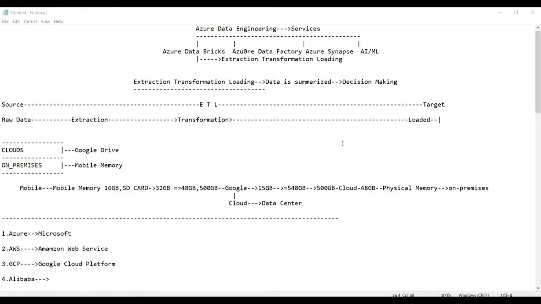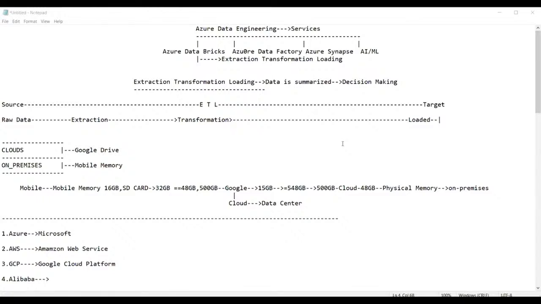Sumit sir, ADB and ADF are both provided by Microsoft Azure, right? What is the main difference between ADB and ADF? If there is a project where you are going to use both, the ADF is used only for the data ingestion process, that means insertion of the data.